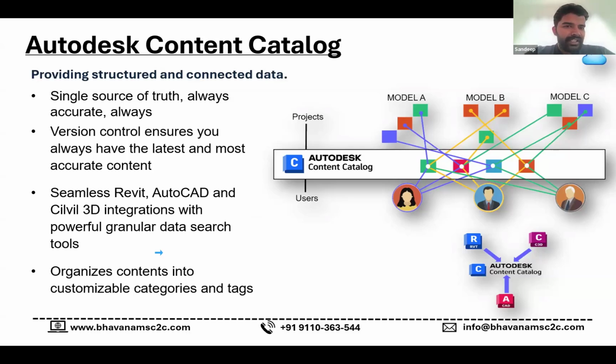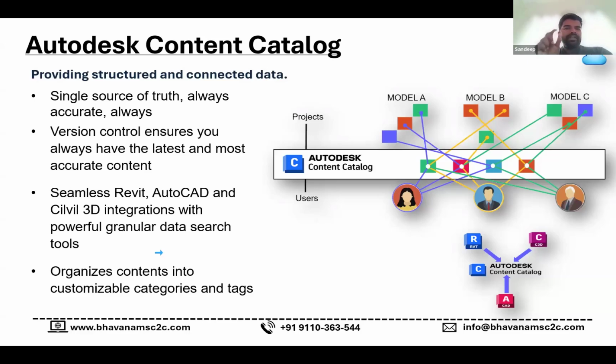Let's say Indian content is different, US content is different, and Chinese content is different. So Autodesk is offering to control all this data with a content catalog. You can install that content catalog in Revit, then use those model elements, so that you have proper handling of the data. This will avoid duplicating the existing ones.